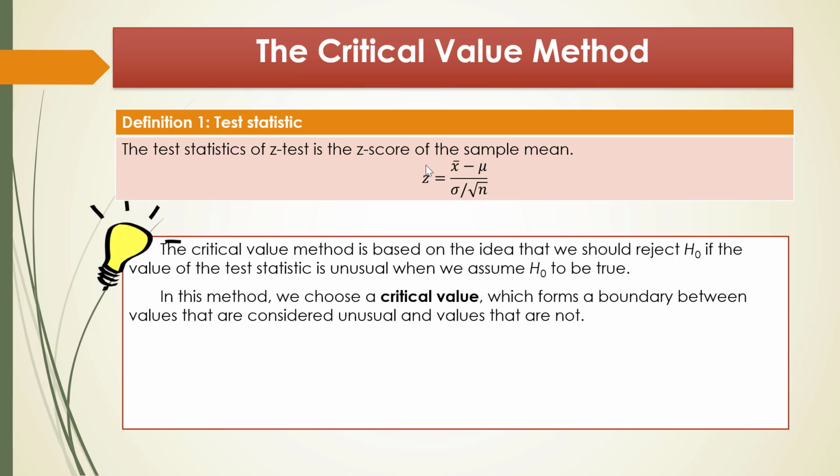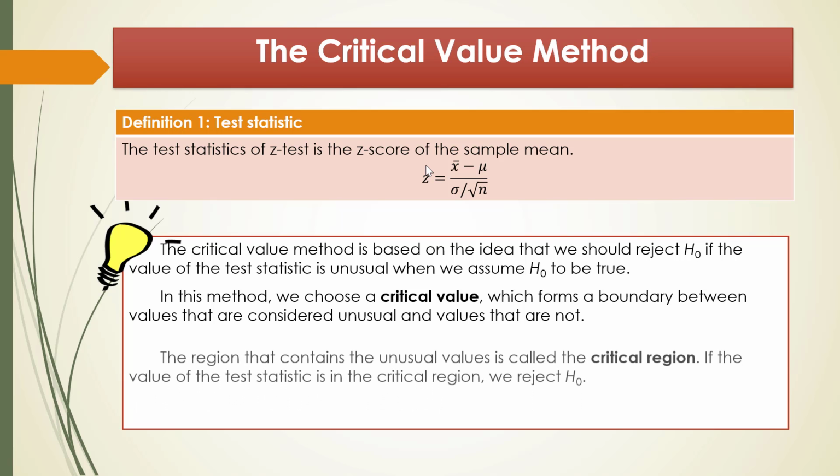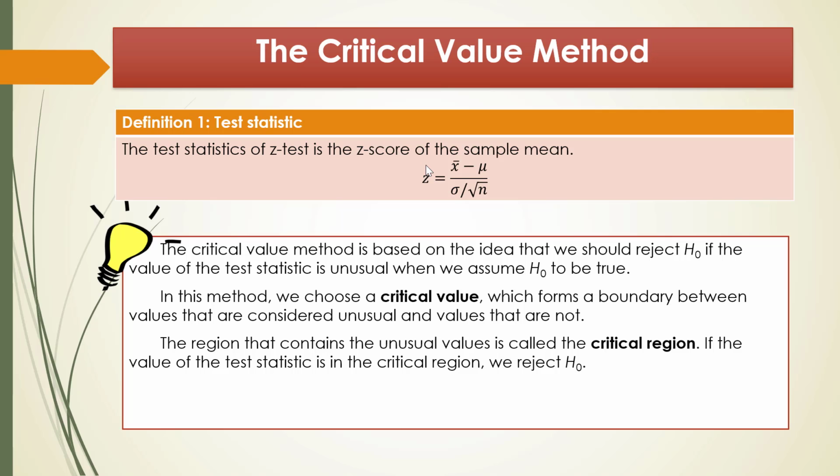And in this method, we will choose a critical value which forms a boundary between the values that are considered to be unusual and the values that are not unusual. So we will end up having the critical region and the acceptance region.